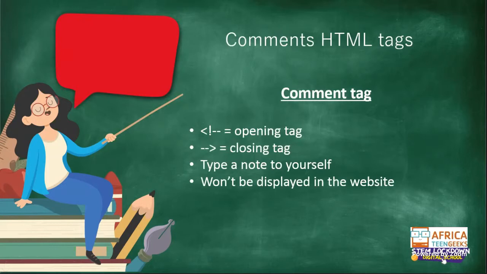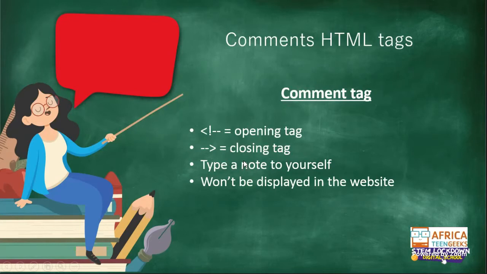And then the last one, in case you want to just make a note on your website, you are able to create a comment tag. The comment tag is created like this, with an arrow bracket to the left, exclamation mark, and then 2 dashes, and then a space, and then you are able to type within that, as well as a closing tag.